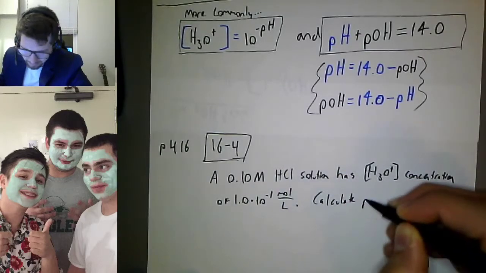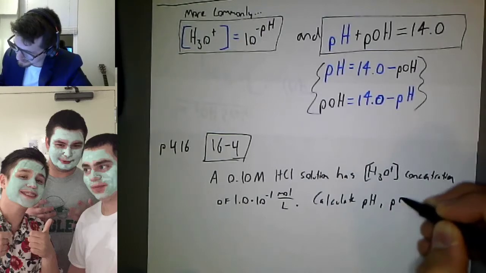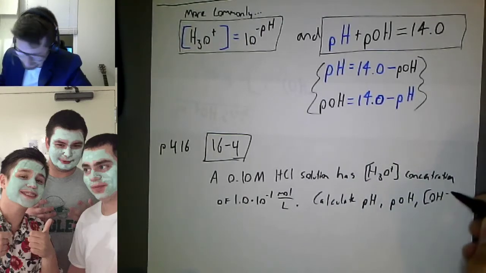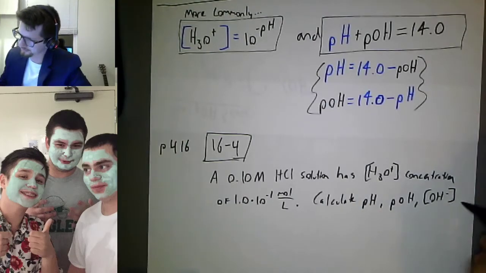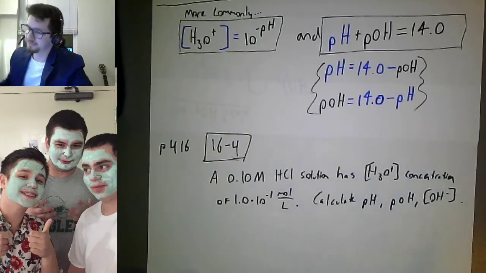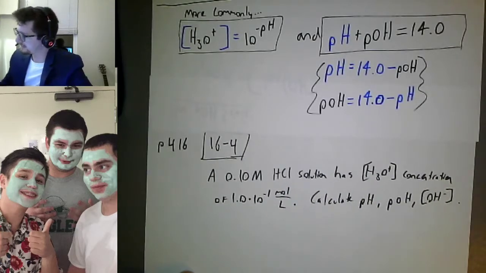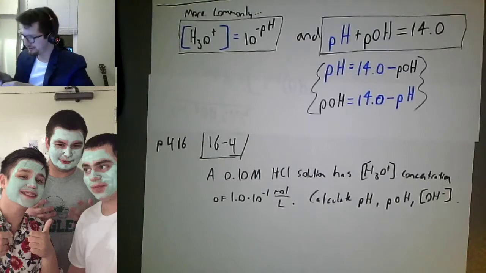Calculate the pH, the pOH, and the hydroxide content of the solution. Wow, we got to solve for 3 different things. Well, rest assured, it's easy to get overwhelmed, but none of the 3 things are hard to solve for, because one of them we've already done.